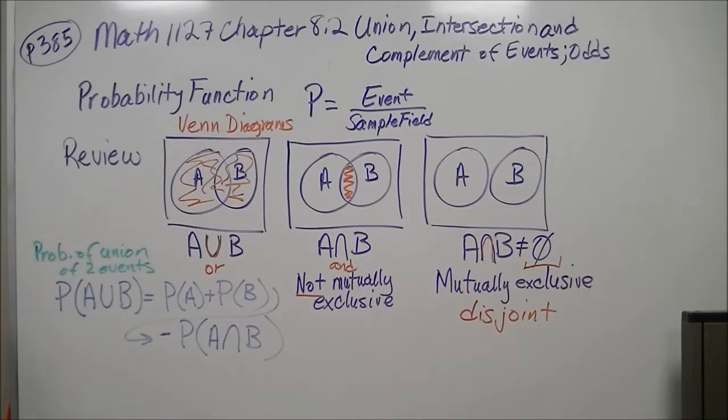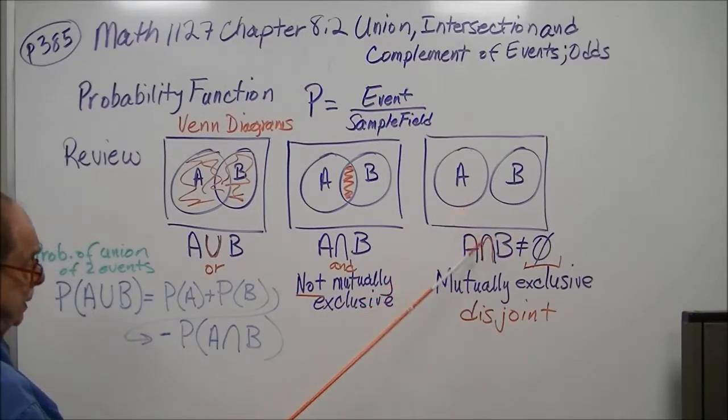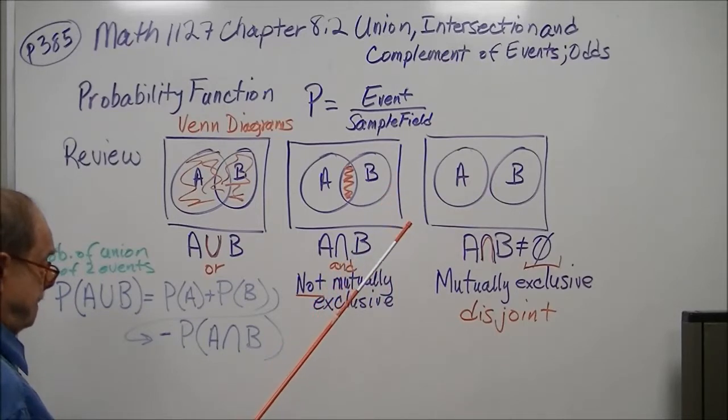Another word we could add when they are mutually exclusive, as a review, they are disjoint. That is, they're not connected.